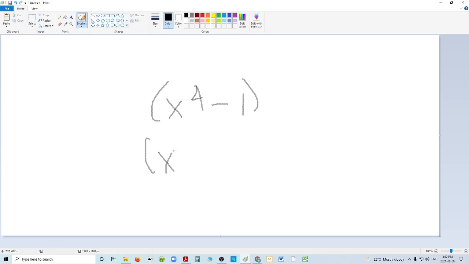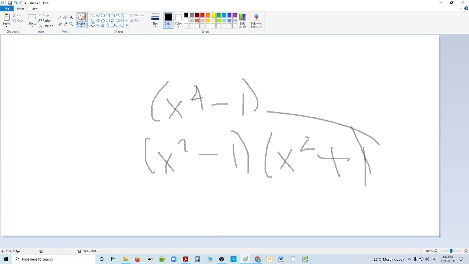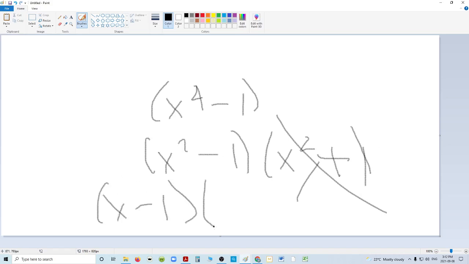What's interesting is as I go beyond that, if I go x to the 4, that's a difference of squares again. And here's one of the differences. I don't care about the second difference. This one doesn't matter. This has a difference of squares again. And I can see right away, there's one of the factors I'm looking for. What about x to the 6?